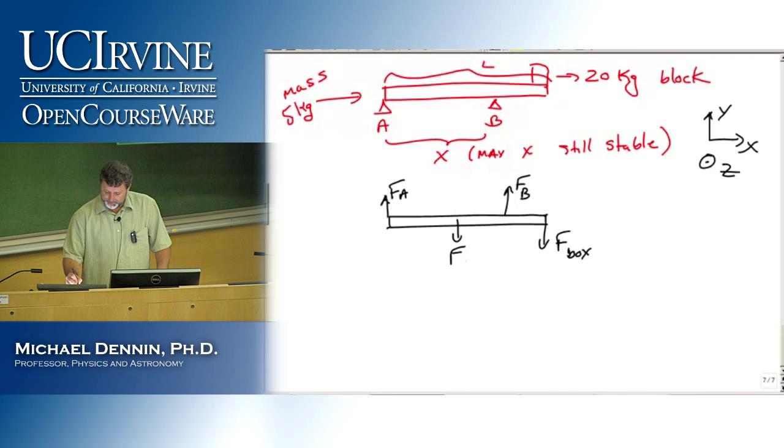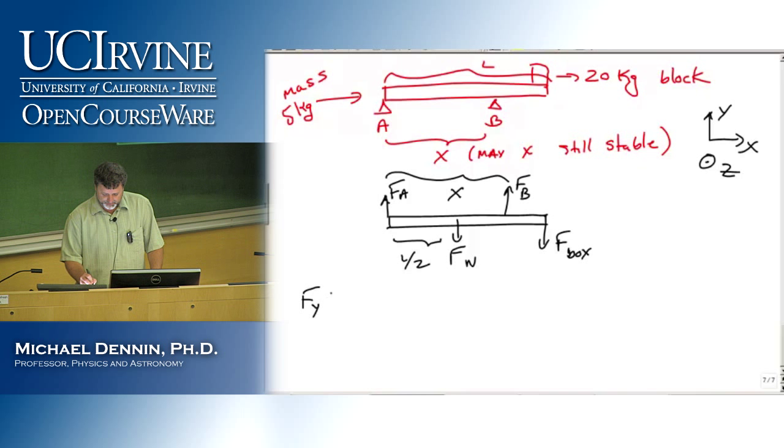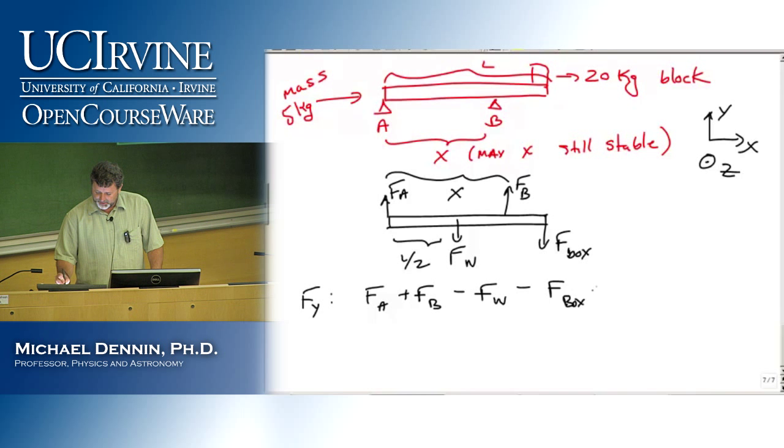We have the weight coming down. The weight's at L over 2. This is at x. In the y direction, we get FA plus FB minus FW minus F of the box equals 0.